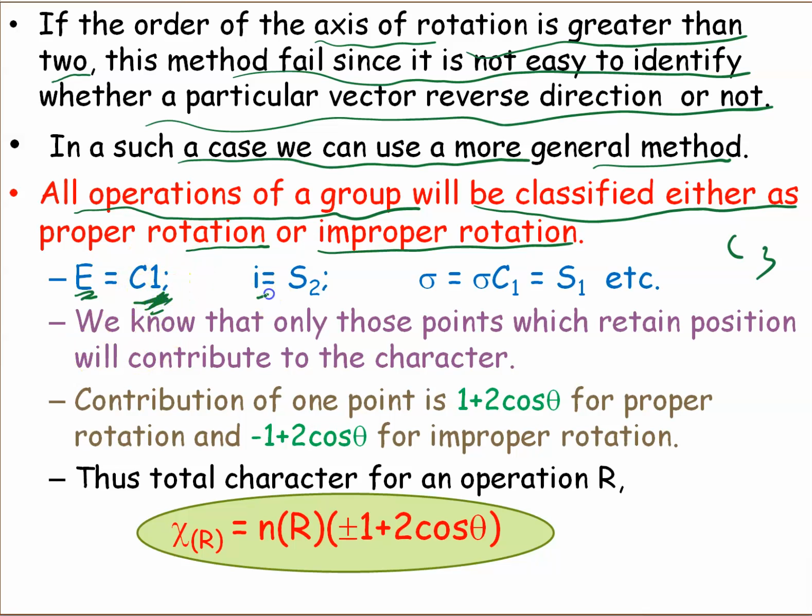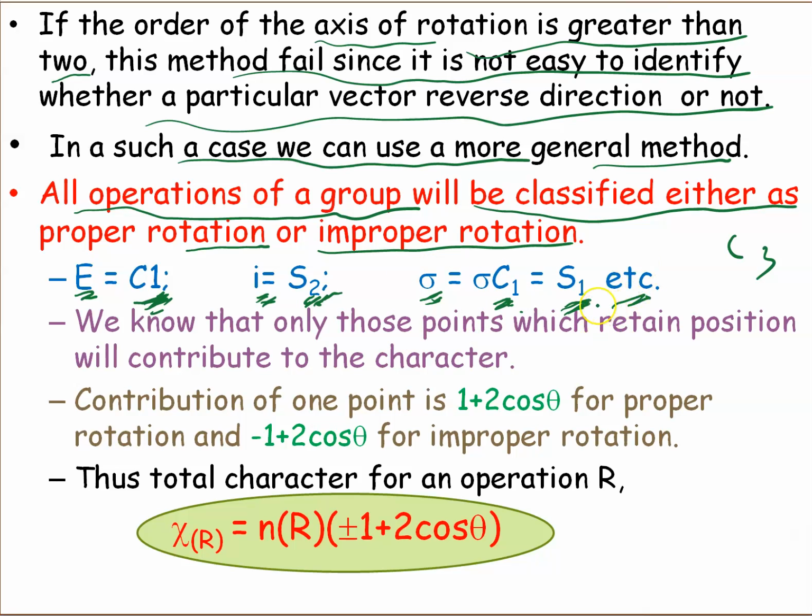And I, we have already studied, I is equal to S2, an improper rotation by an angle of 180 degrees. And sigma also we can write as sigma into C1. C1 is actually E. Sigma into E is sigma itself. So sigma into C1 is actually S1. So the sigma operation, the plane of symmetry, can be written as an S1 operation.